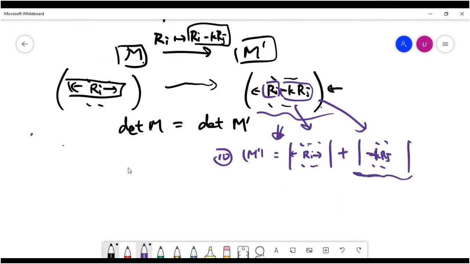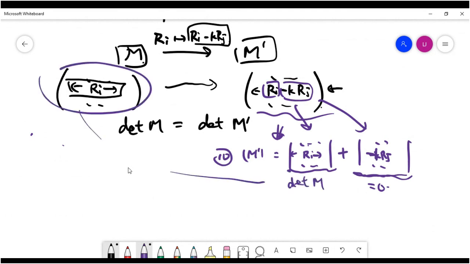Now I claim that the second matrix has determinant 0. But before explaining that, let's look at the first matrix. Its determinant is basically the determinant of the original matrix M. They are the same. So if we can show why the second matrix has determinant 0, we will arrive at this fact.